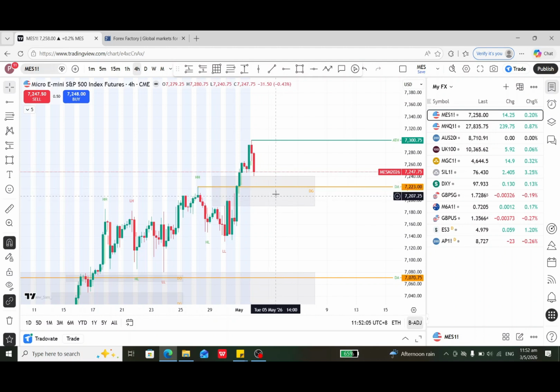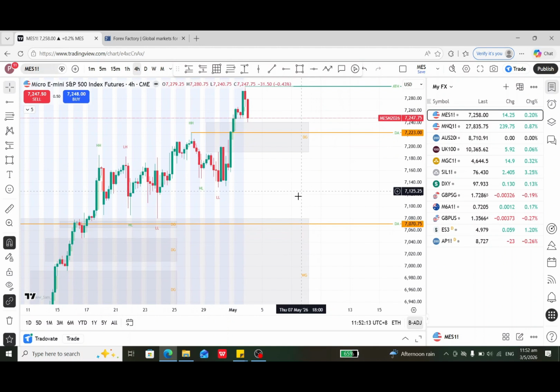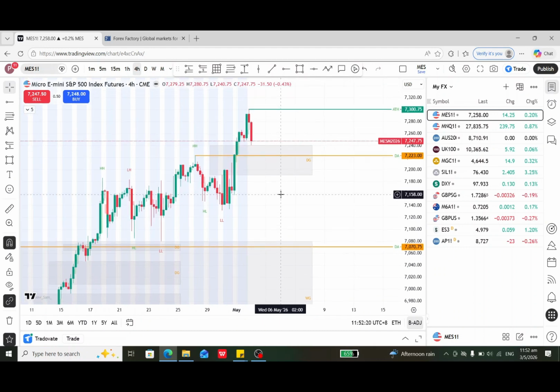From the rejection from this daily gap, I can mark the daily rejection low, and then create my trading zone to the next level, this weekly gap. This is quite a strong magnet. If the market breaks this daily gap, it can easily drop to this magnet, the weekly gap.